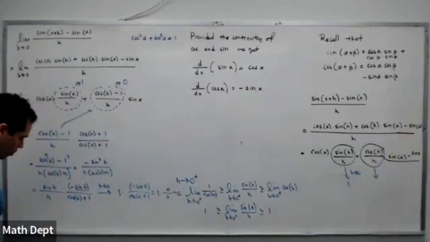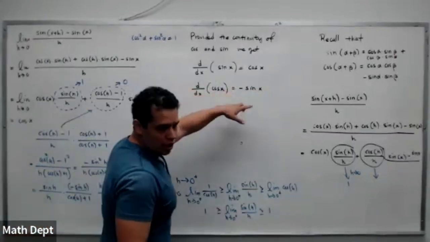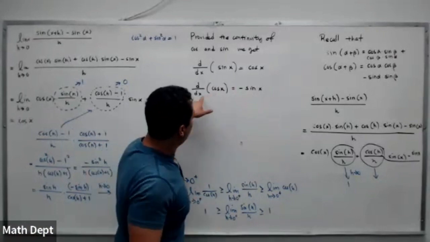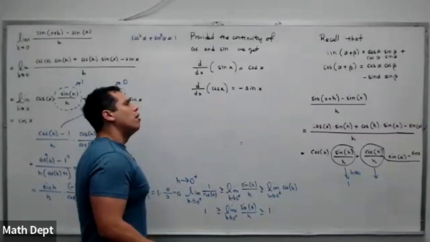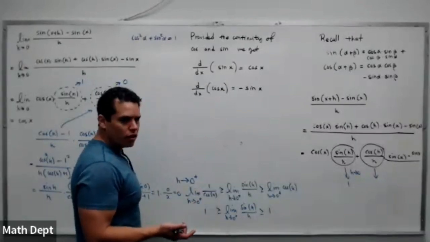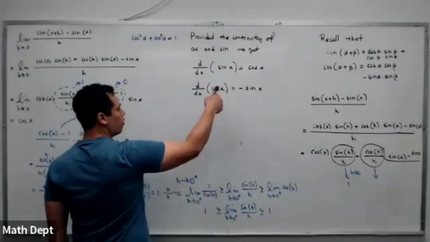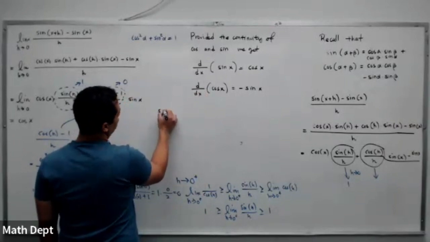I have to be a little bit faster, but it's essentially the same type of computation and the same type of derivation that will allow us to demonstrate that the derivative of cosine is just negative sine. But what does this mean in terms of the derivatives? Well, look, let's start with sine of x.